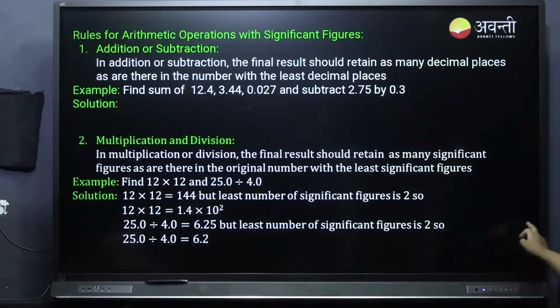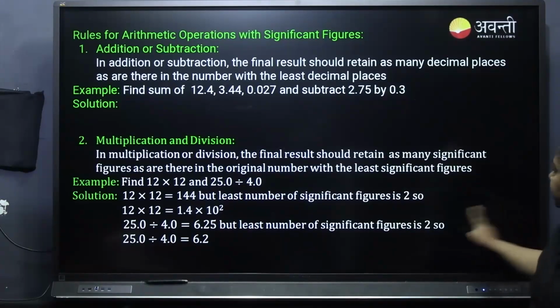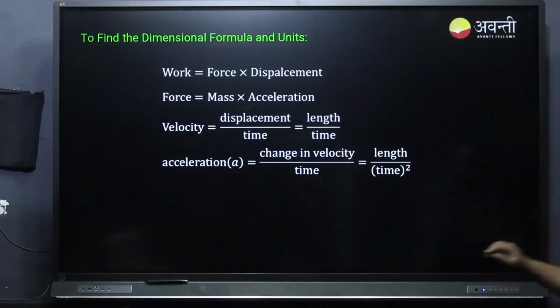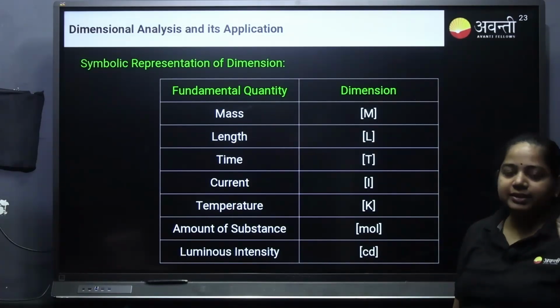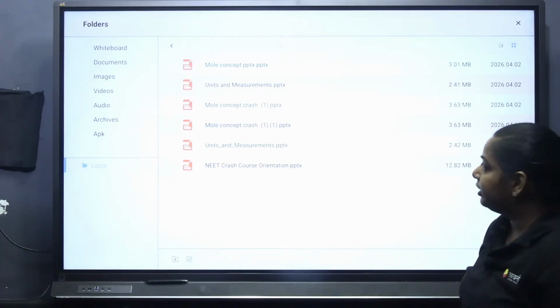Okay. So, I think that is all the theory, I guess, till errors and significant figures is done.